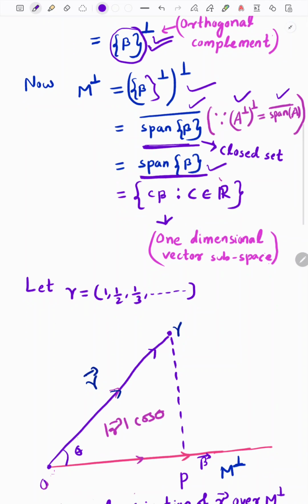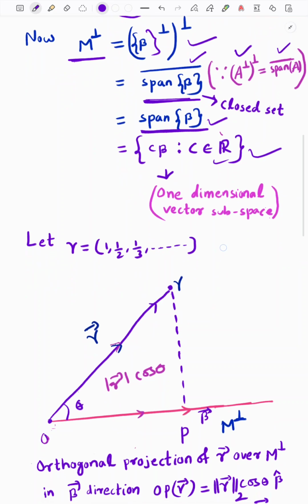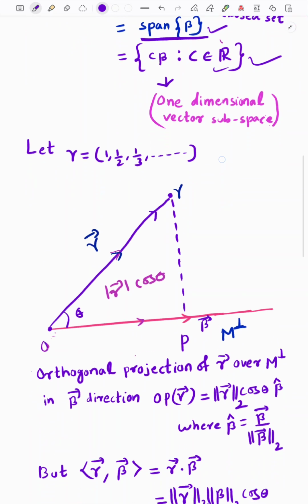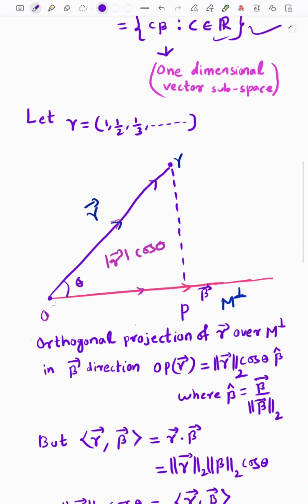From the standard definition, span of beta contains all the vectors of the form c beta, where c is a real number. So finally we calculated the space M perp explicitly, and M perp is nothing but a one dimensional vector space, and every one dimensional vector space can be represented by a single straight line.